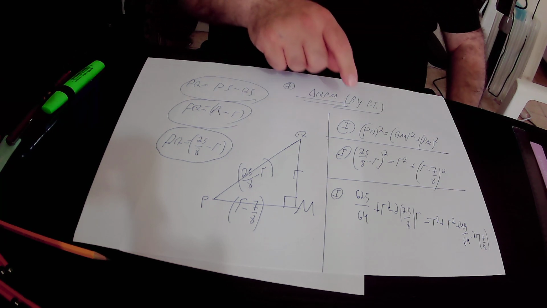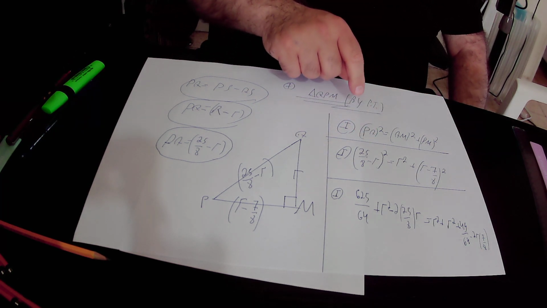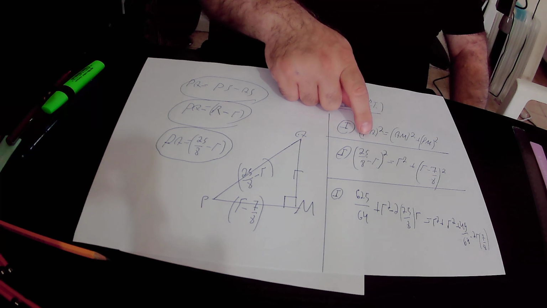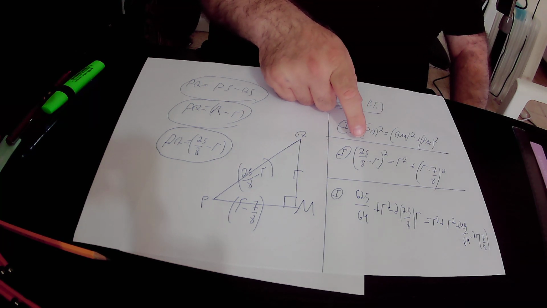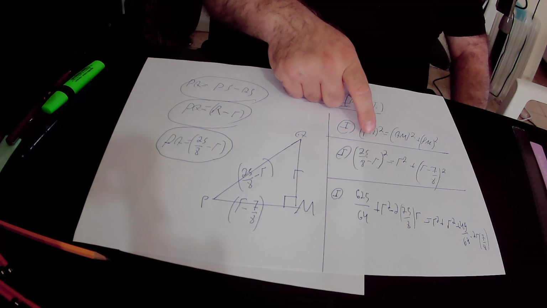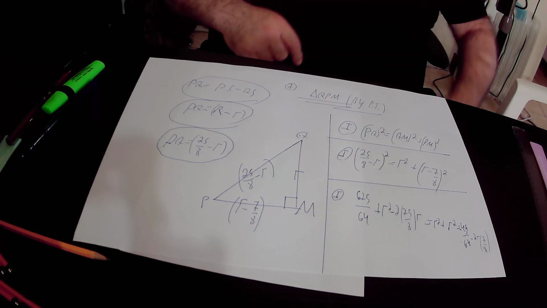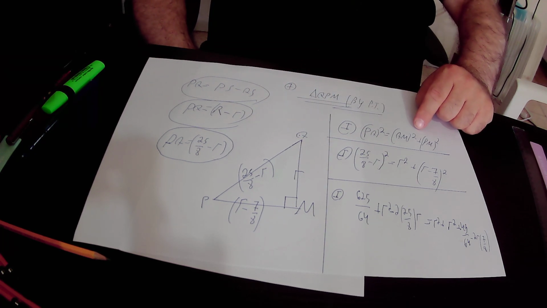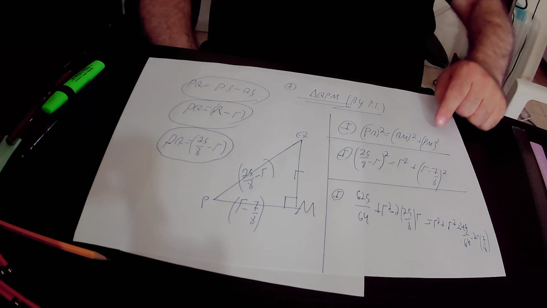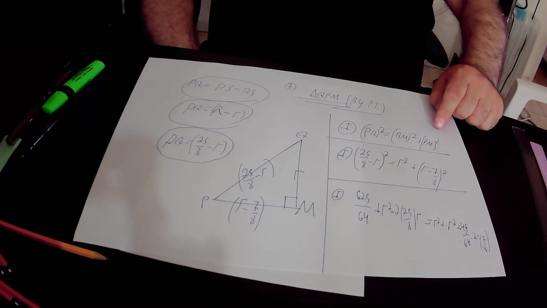PQ equals 25 over 8 minus r, so we substitute and square it: 25 over 8 minus r squared equals QM squared. QM equals small r, so QM squared is small r squared. PM equals r minus 7/8, so PM squared is r minus 7/8 squared.